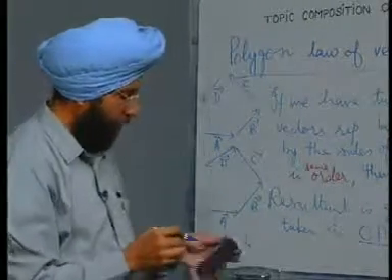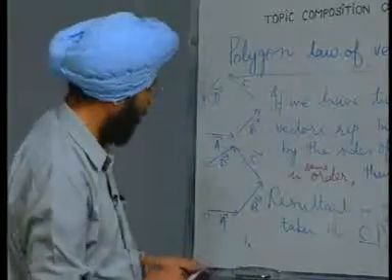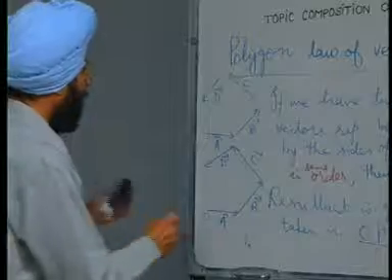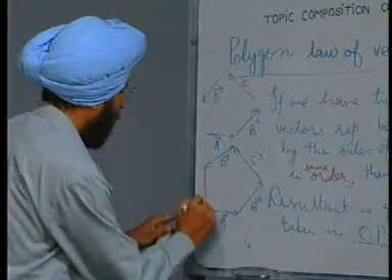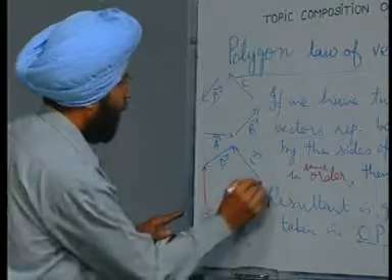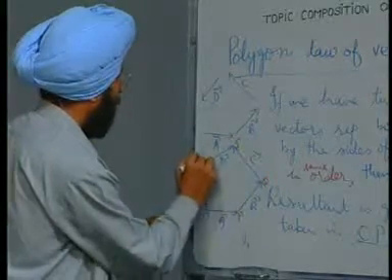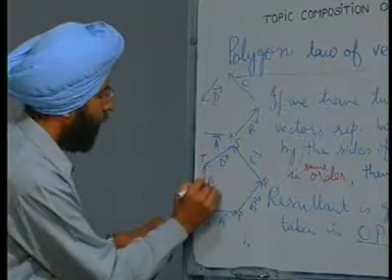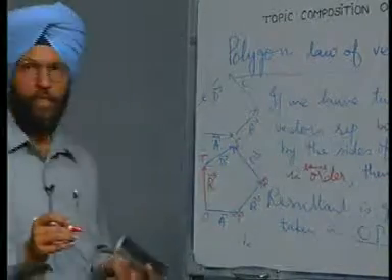Then the resultant R is given by the closing side. O, P, Q, S, T. The closing side is OT. So, this side gives us the resultant.